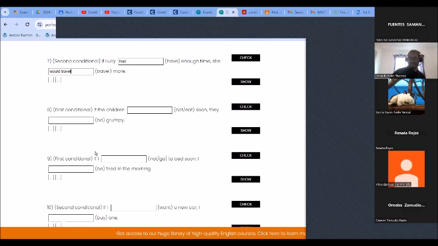If the children don't eat soon, they will be grumpy. Children is plural, so we use "don't."